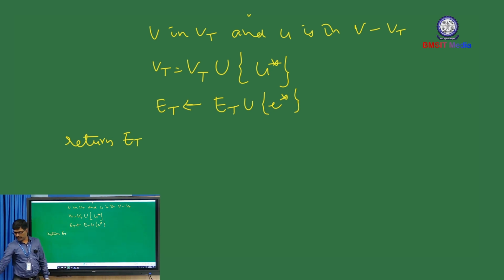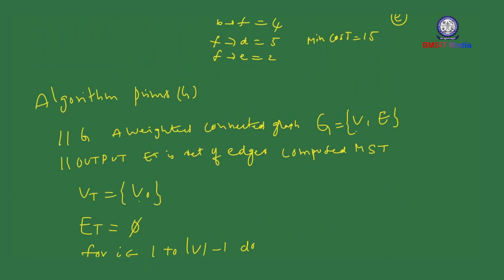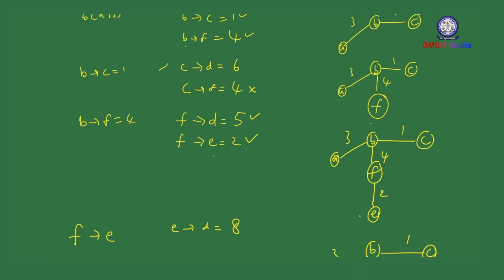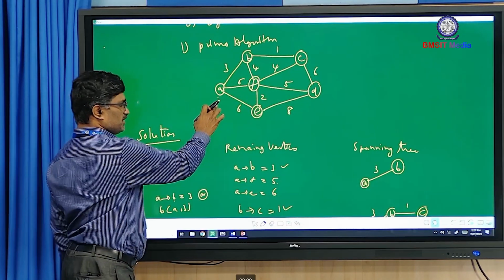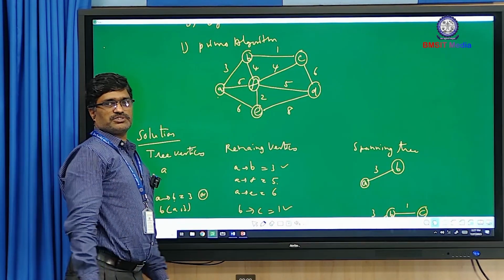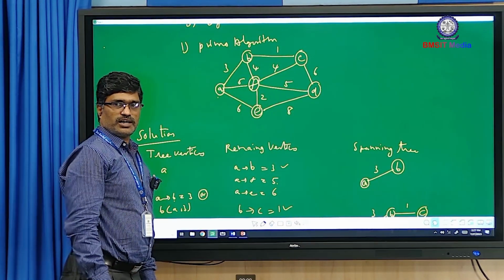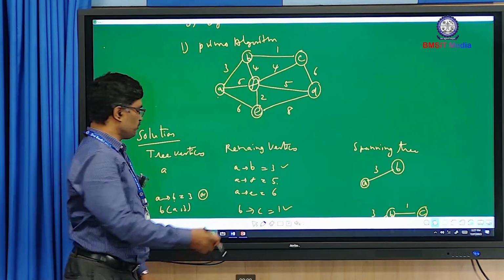So this is the spanning tree for Prim's algorithm. I hope you understood Prim's algorithm and how to write it. This is the graph, and we have written the spanning tree. A spanning tree is a tree which should not have any cycles. The algorithm we also wrote, so now we have to convert the algorithm to a program.